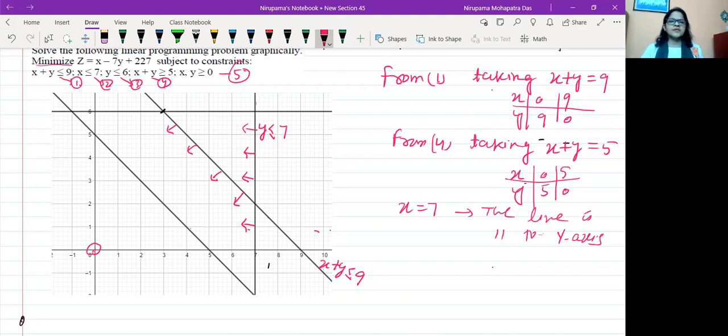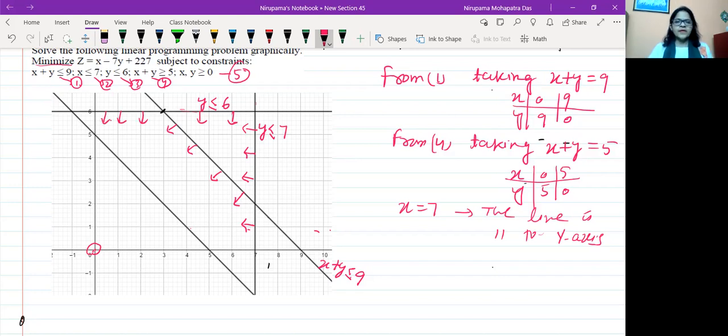Now the next equation, y equal to 6, the inequation is y less than equal to 6. When y is constant, the line is parallel to x-axis. On the line y equal to 6, y less than 6 means it is below the line.